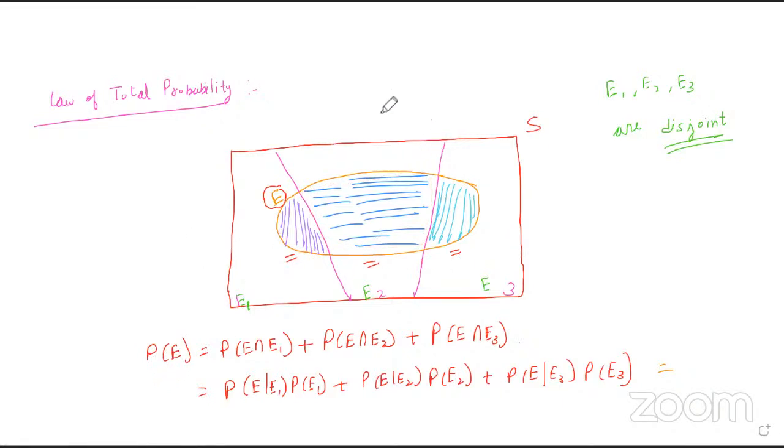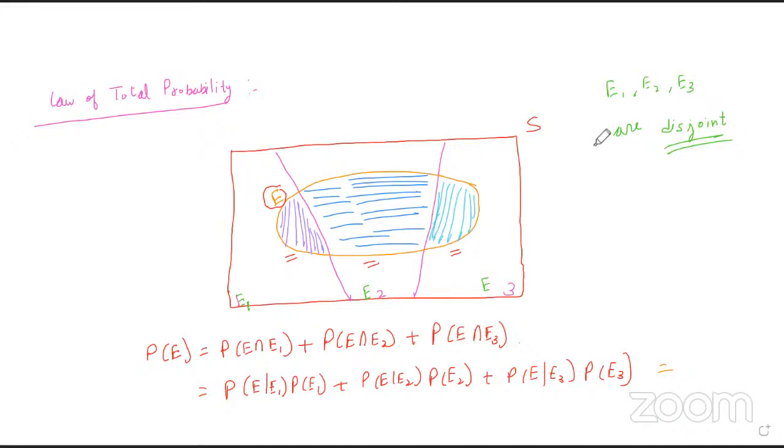So, sir, when you are telling E1, E2, E3, are those events which have already happened, or is it certain that they will happen, or is there any condition on E1, E2? E1, E2, and E3 should be disjoint. That's the only condition. And is there anything about the probability of those events?